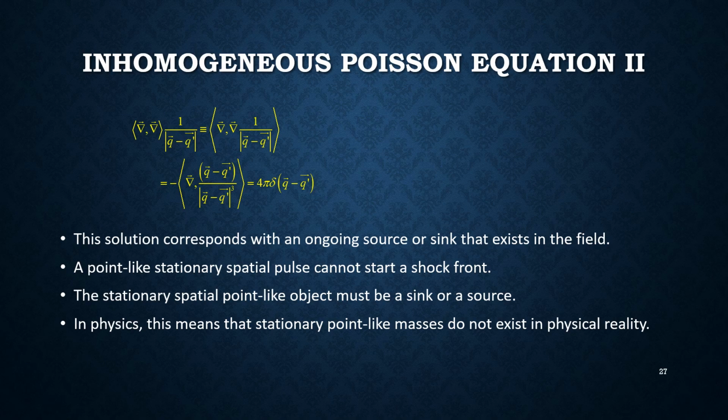This solution corresponds with an ongoing source or sink that exists in the field. A point-like stationary spatial pulse cannot start a shock front. The stationary spatial point-like object must be a sink or a source. In physics, this means that stationary point-like masses do not exist in physical reality.